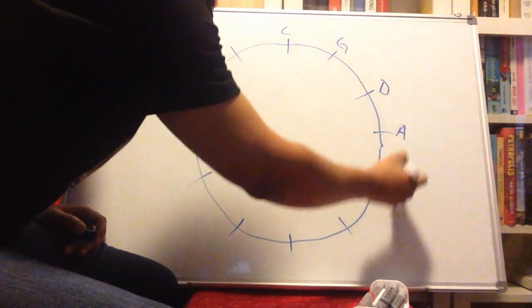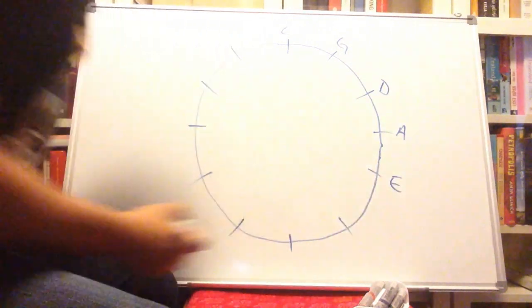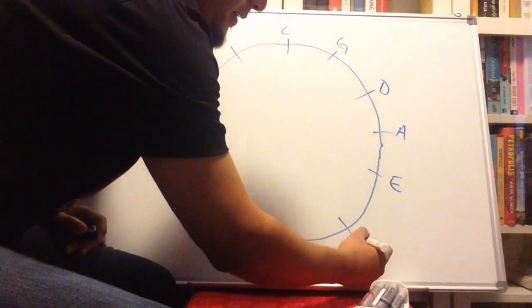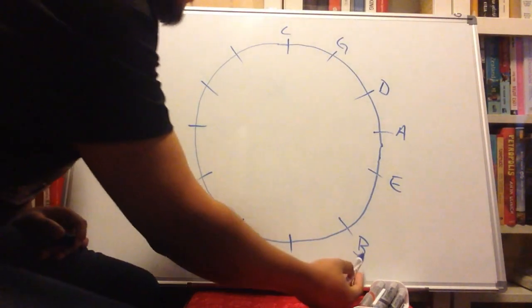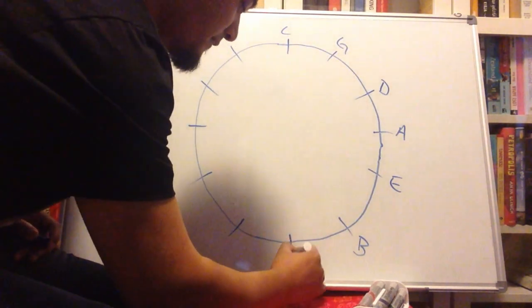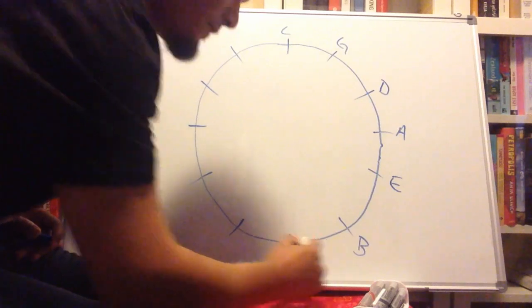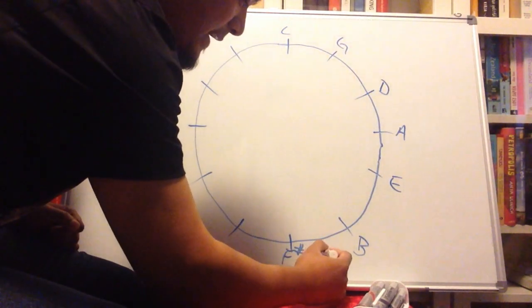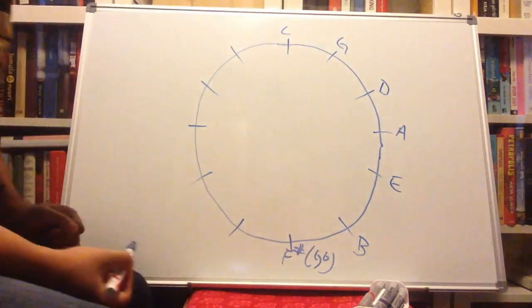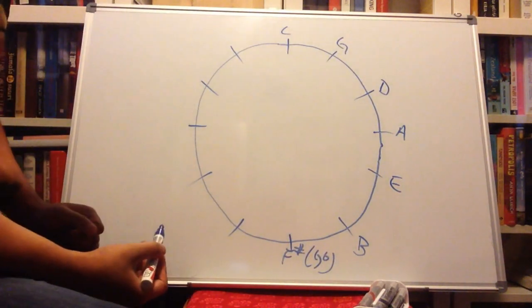And fifth of A would be E, fifth of E would be B, right? Fifth of B would be F sharp, or we can call this G flat, right? G flat.